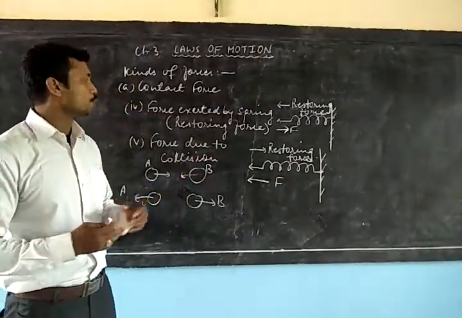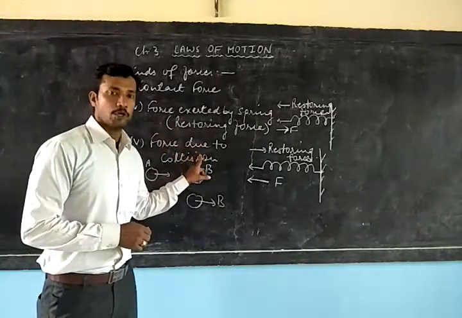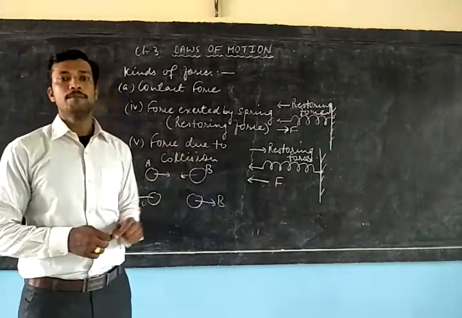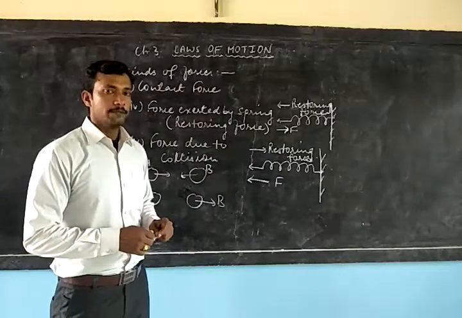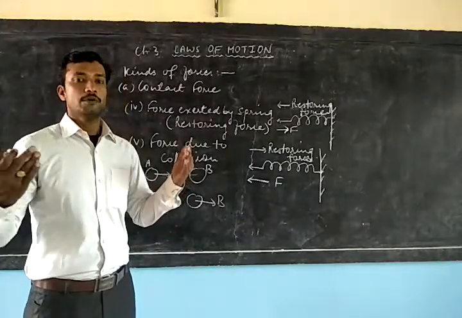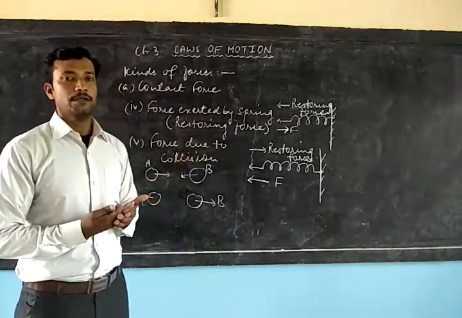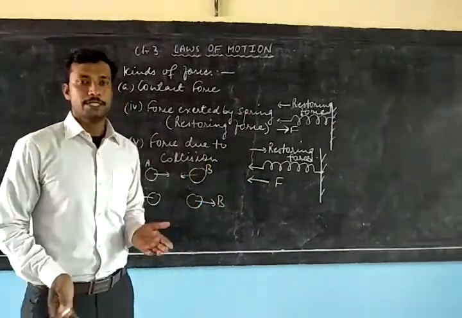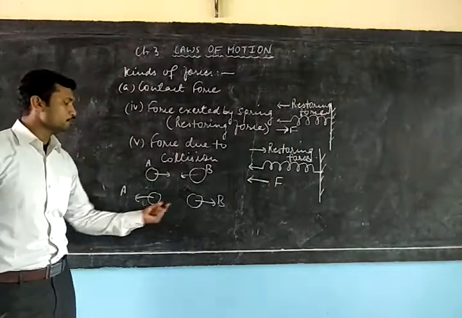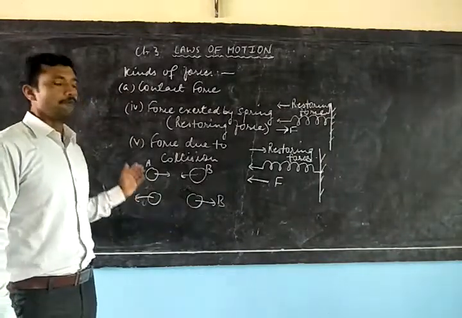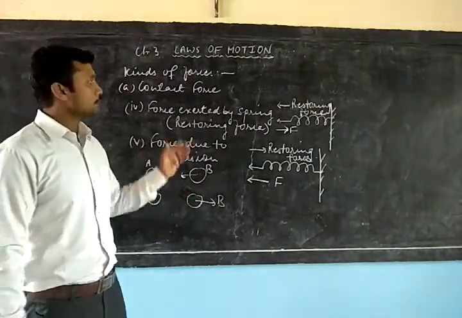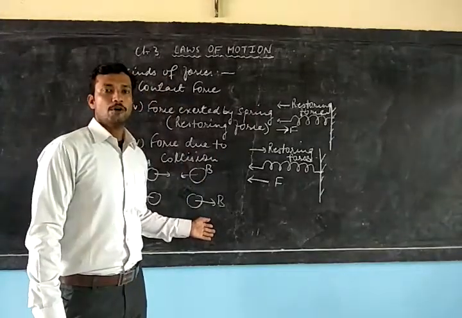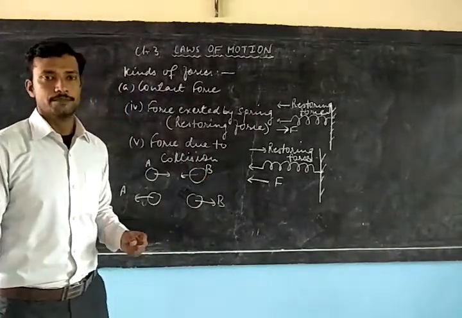As a result, force is exerted due to collision, and at that time the two bodies are no more in close contact, but they have separated and gone apart from each other. These are examples of the contact forces.